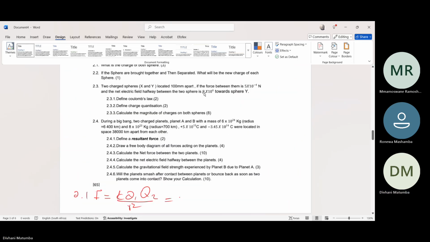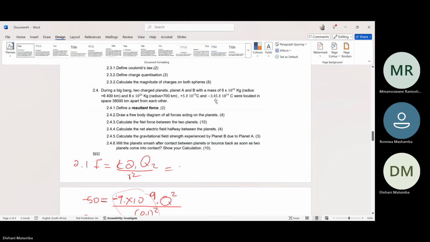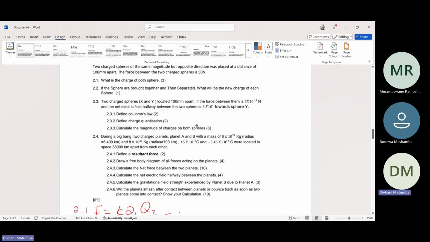And then, if the force between them is 5 times 10 to the power of minus 4, and the net electric field halfway between the two spheres is 8 times 10 to the power of 4 towards sphere Y. Define Coulomb's law, we've done that. Charge quantization, we've done that. Calculate the magnitude of the charges on both spheres. Okay, that should be hard.